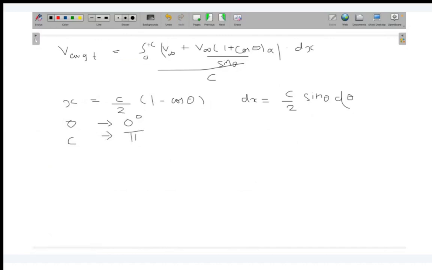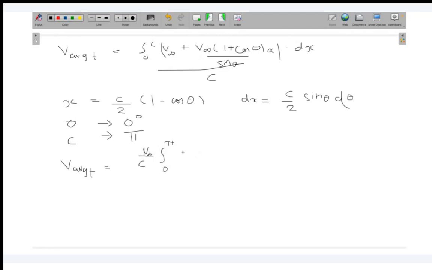So average velocity at the top now is given by integral 0 to pi, and then there is a c in the denominator, so I'm going to write it as 1 by c. I can take v infinity outside of both these terms, right? So let me take the v infinity. V infinity is not dependent upon any of those x locations.